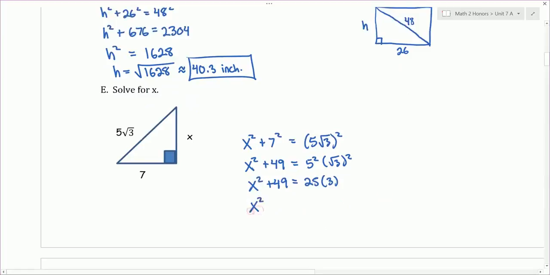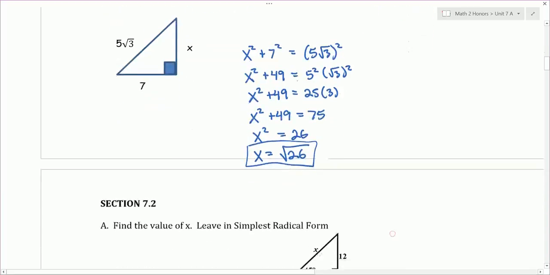So we get x squared plus 49 equals 75. 75 minus 49 is 26. So x is equal to the square root of 26. Here in this problem we're not asked what form to leave it in, so I'm just going to stop there and leave it as x equals the square root of 26.